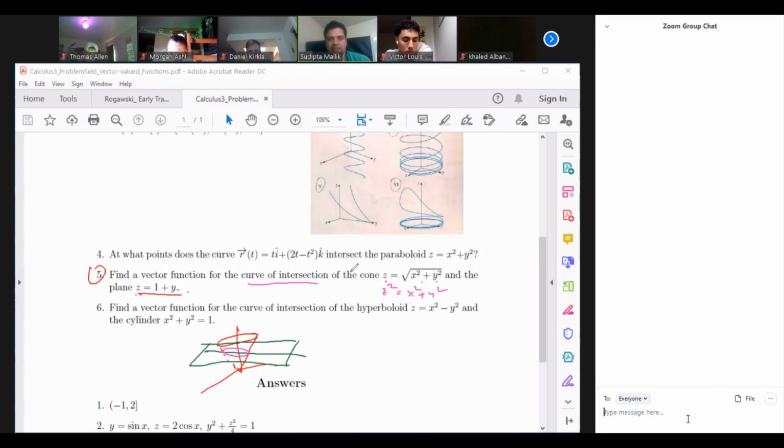So you can write y in terms of z and x in terms of z, with z as the free variable, or choose one of them as the free variable. That's one way to do it. And the last one, you use this cosine sine business. You can write x equals cosine, y equals sine, right? And then z is clear from here, you see.